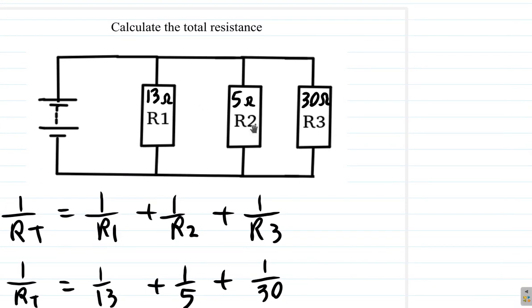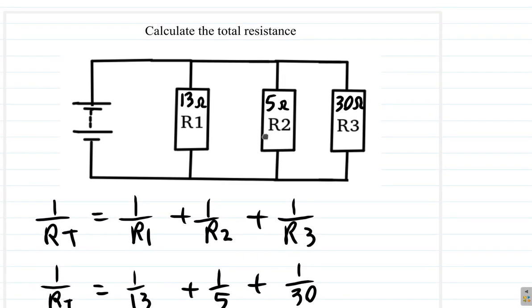Again, it's smaller than the smallest resistance here, as we see, because if you had the 5 ohms alone, you'd have a resistance of 5 ohms. That's how hard or easy it is for current to flow.